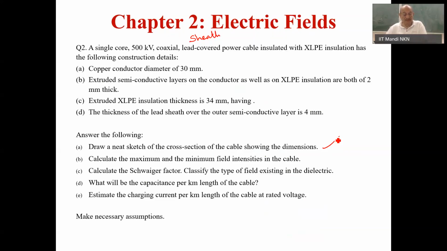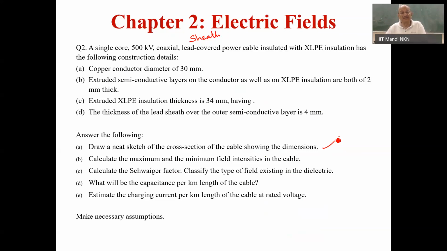Then calculate the Schweiger factor. You remember the Schweiger factor is E mean by E max. So in part B, you have to calculate the maximum and minimum field intensities. So you calculate with the maximum field intensity and the mean field intensity, the Schweiger factor.